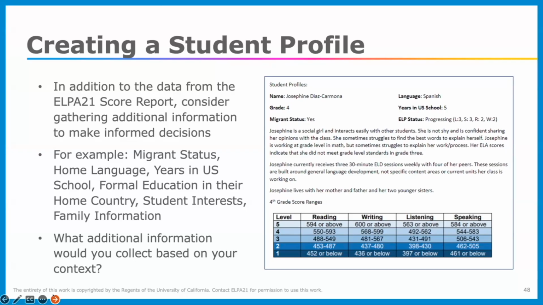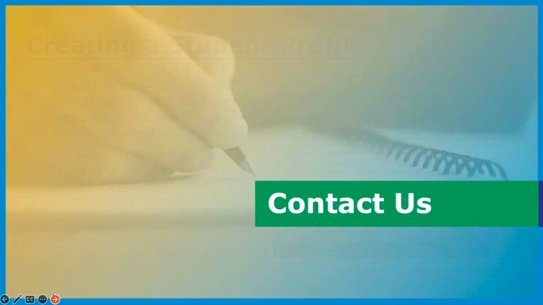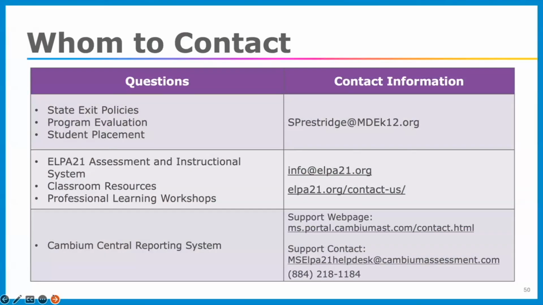Always ask yourself, what additional information should I be collecting about this student based on the context for this individual learner? You may have questions, and that's to be expected. Contact details on the slides that follow will help you know who to contact for what information. For Mississippi Department of Education policy, procedures, or approvals, refer to the Mississippi Department of Education website and manuals.